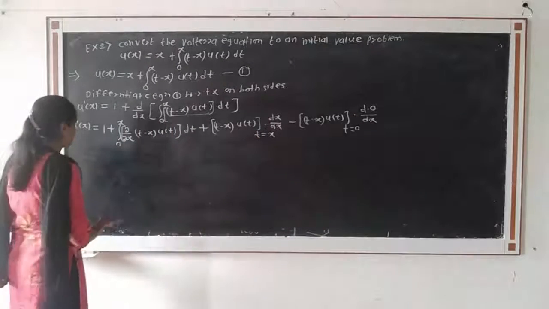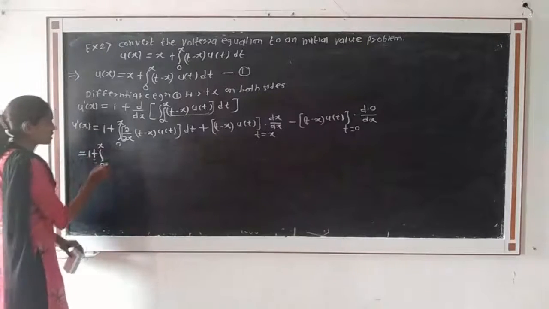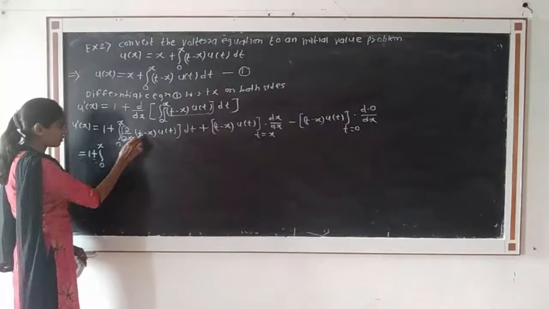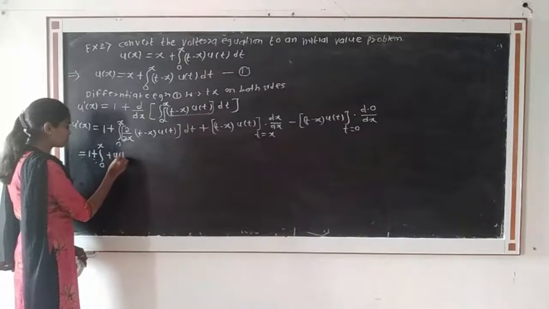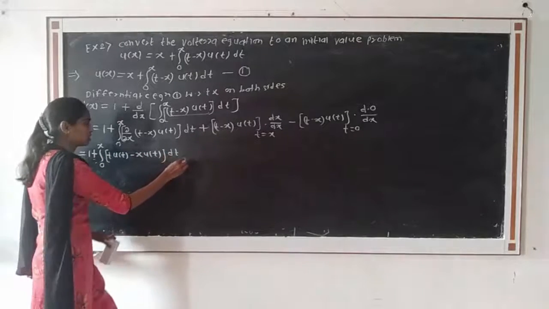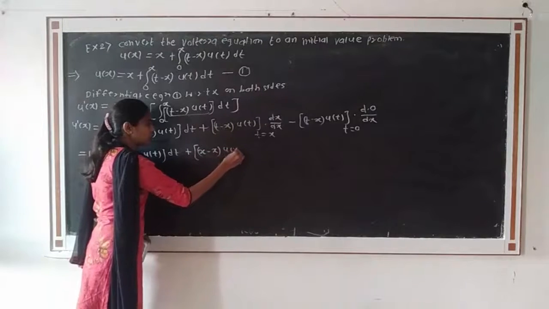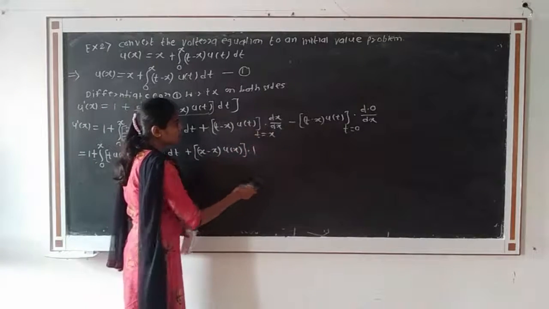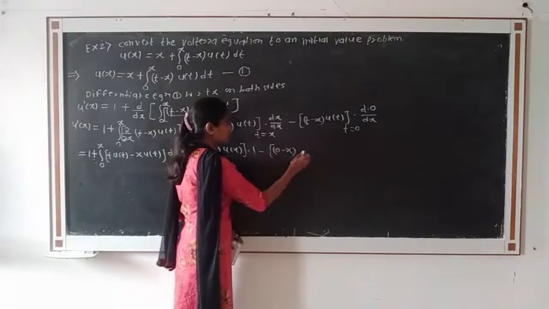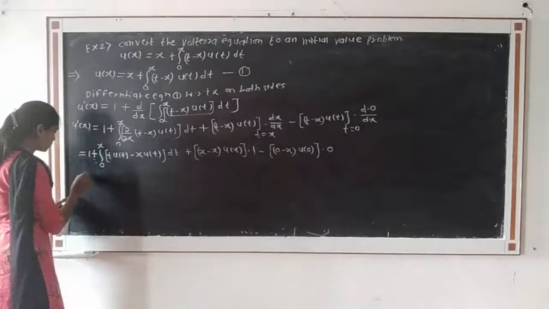That is equal to 1 plus integration from 0 to x of the derivative of this (t minus x) into u of t, or we can write it as t into u of t minus x into u of t, dt, plus, if we put t is equal to x, we get (x minus x) into u of x, derivative of x with respect to x is 1, minus, t is equal to 0, that is (0 minus x) into u of 0, derivative of 0 with respect to x is 0.